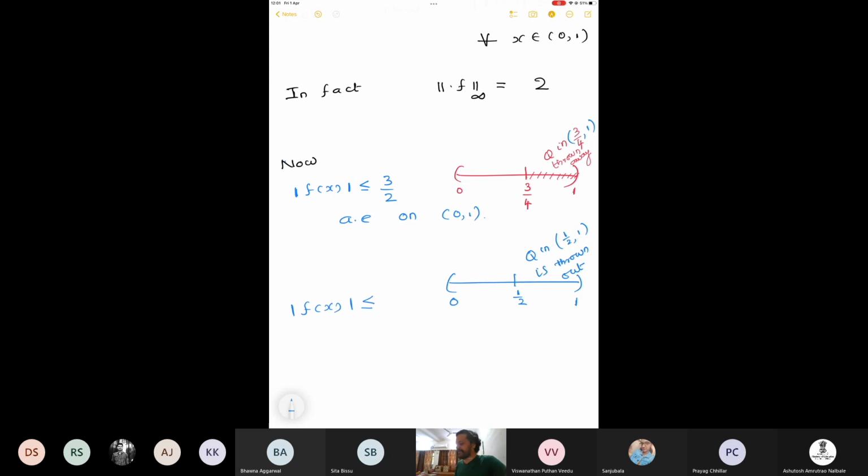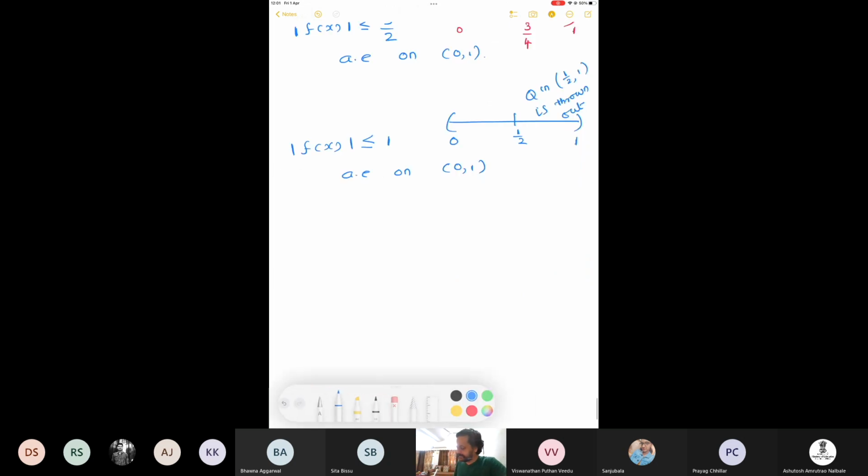Modulus of f of x is less than or equal to 1, almost everywhere on (0, 1). So you can say modulus of f of x is less than or equal to 3/2 almost everywhere, and you can also say it is less than or equal to 1 almost everywhere on (0, 1). And maybe if I take not 3/4 to 1, but say 0.9 to 1, you may get a larger bound. However, I want to bound it as nicely as possible.